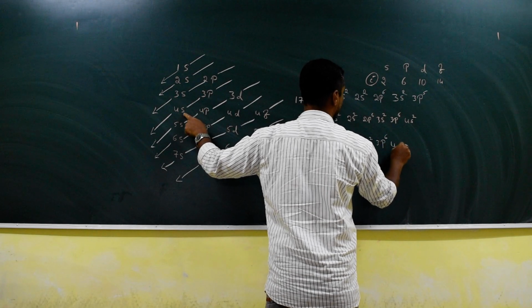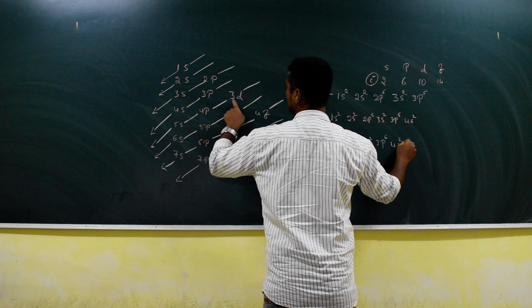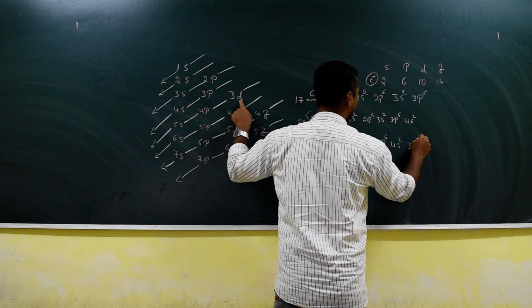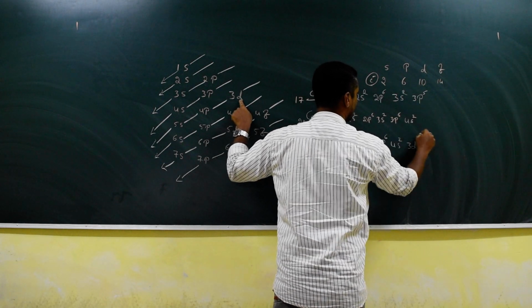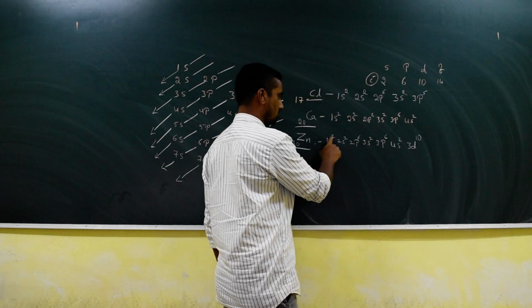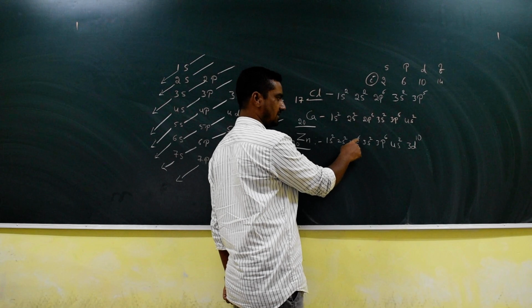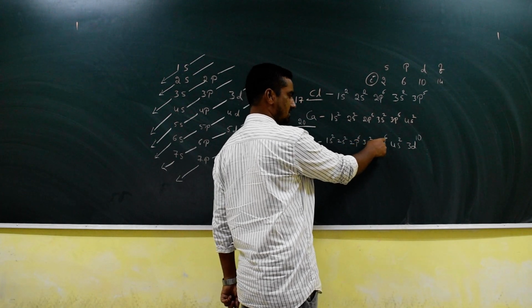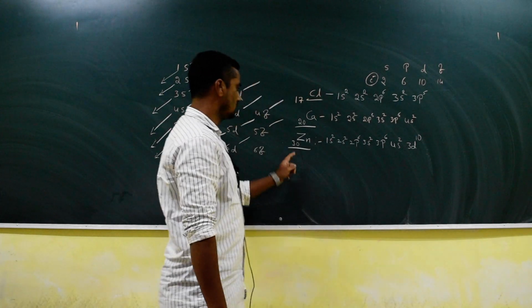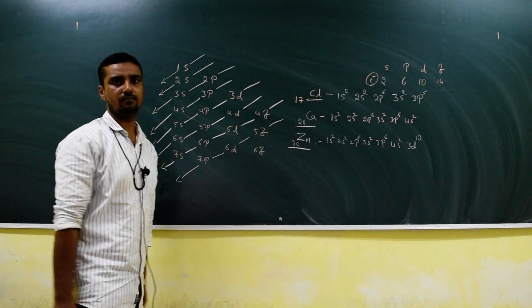After that it is 4s2. After 4s2 comes 3d. The d orbital maximum is 10 electrons, that is 3d10. Now count the number of electrons: 2 plus 2 is 4, 4 plus 6 is 10, 10 plus 2 is 12, 12 plus 6 is 18, 18 plus 2 is 20, 20 plus 10 is 30. So that is atomic number 30, right?